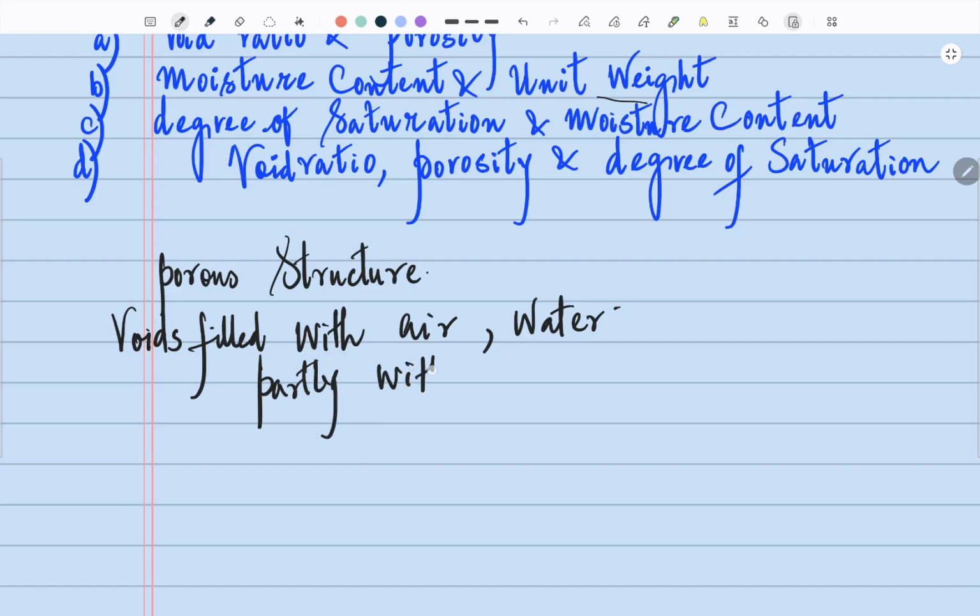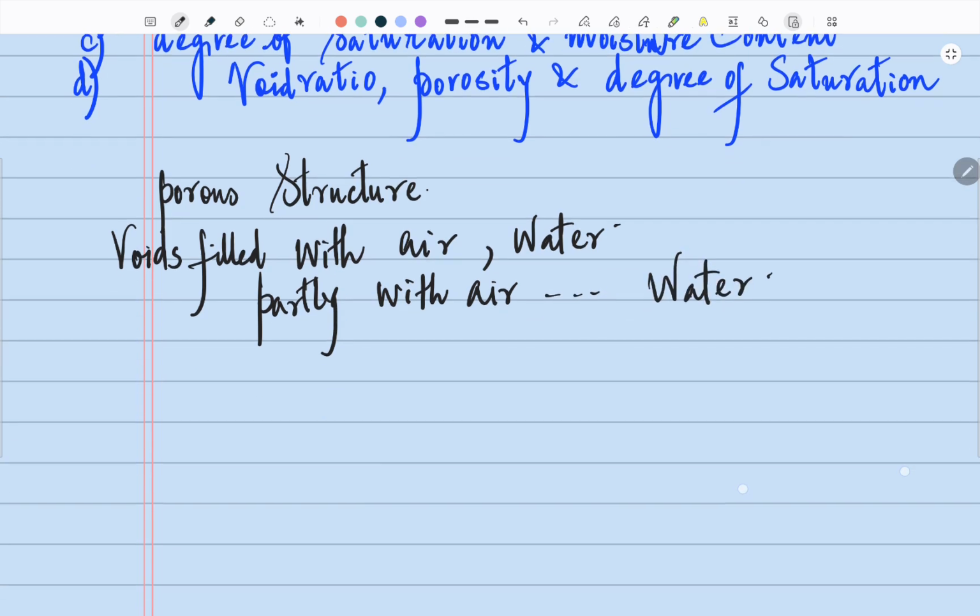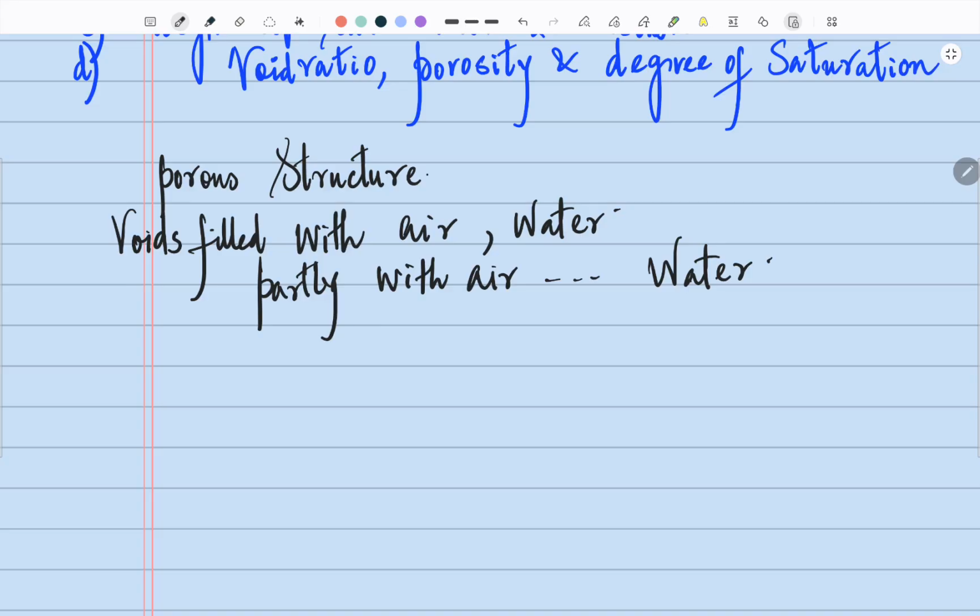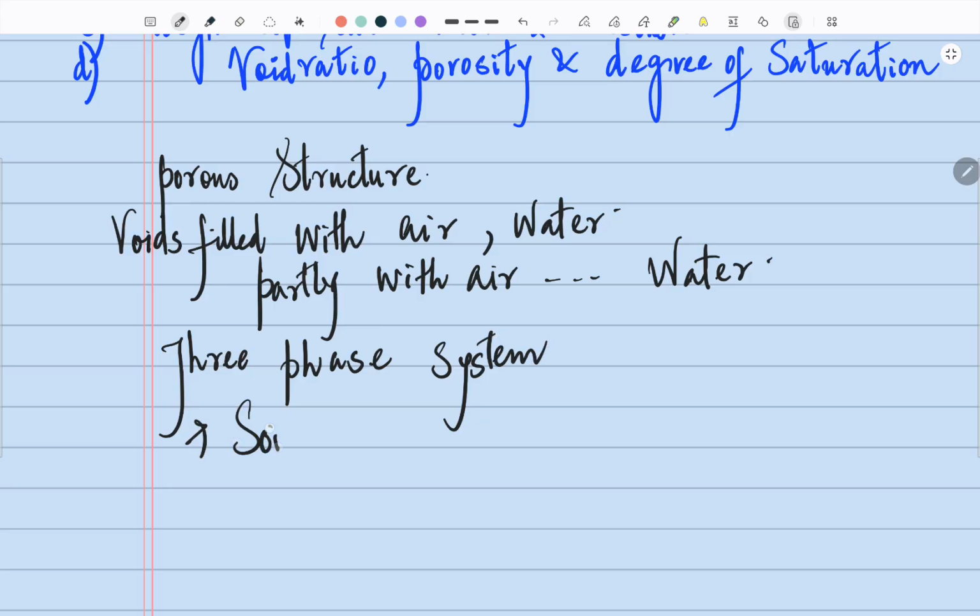So this soil mass is generally a three-phase system, containing one, the soil solids, and second, the voids in which there can be air and water.